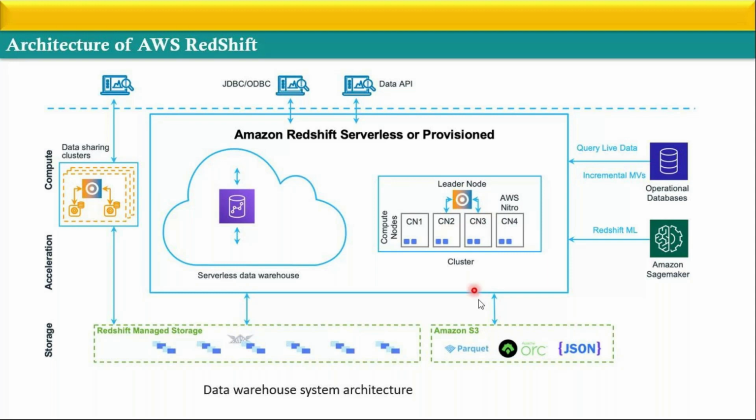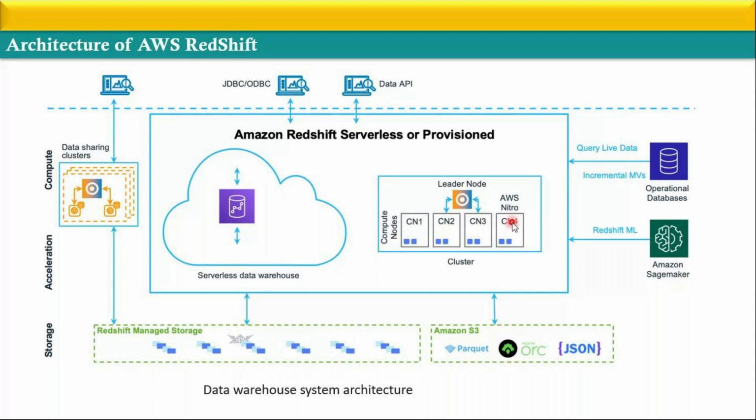Once we have the data inside the Redshift cluster, Redshift is going to process on top of that data, and we have certain services where we can apply machine learning algorithms, that is, we can integrate different services like Amazon SageMaker.